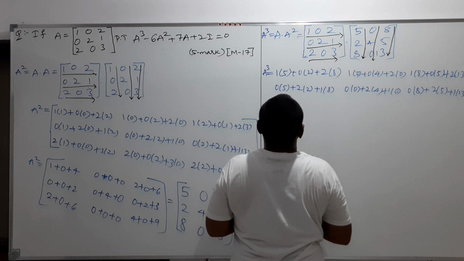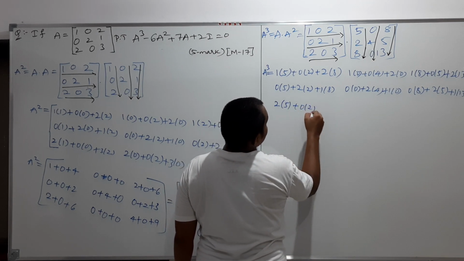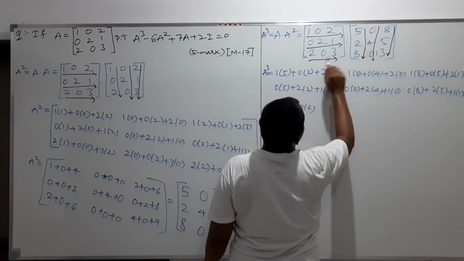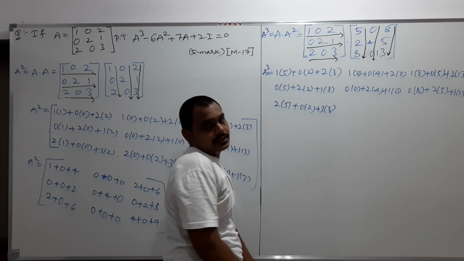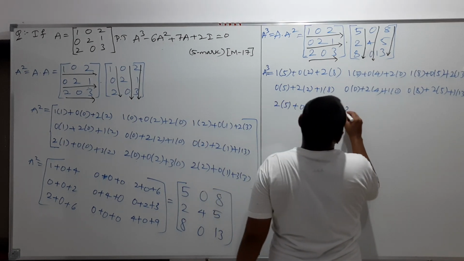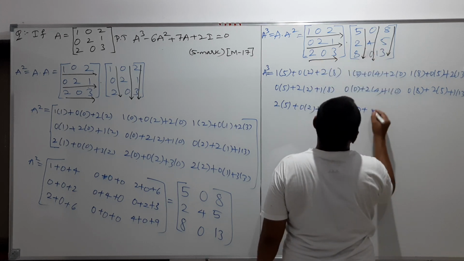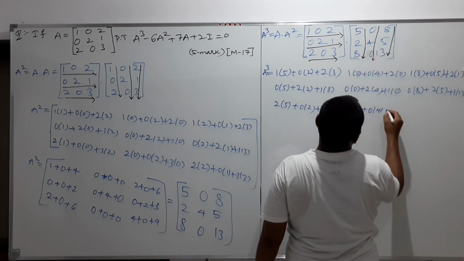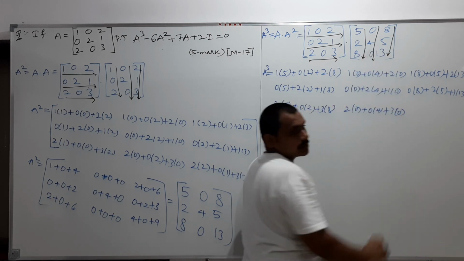And next, my dear students, third row first column. So that is 2 into 5 plus 0 into 2 plus 3 into 8. Next, third row second column, 2 into 0 plus 0 into 4 plus 3 into 0.